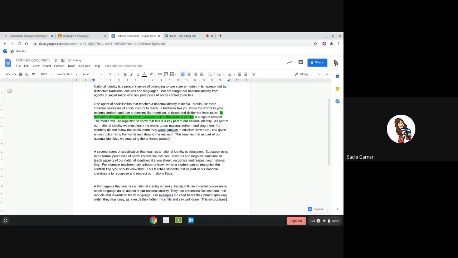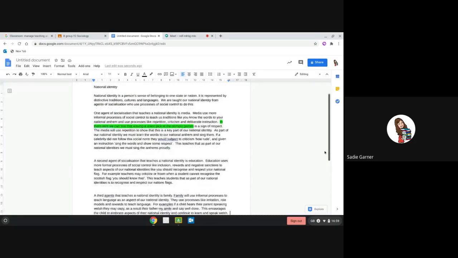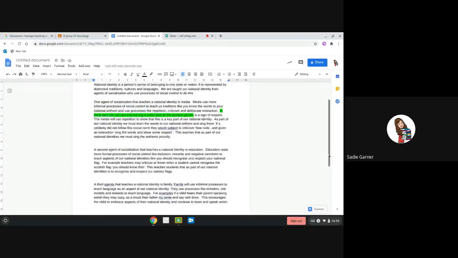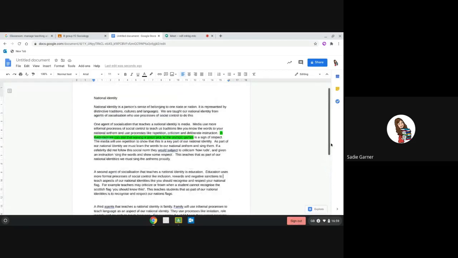This encourages the child to embrace aspects of their national identity and continue to learn and speak Welsh. I think I've done quite well on the United Kingdom there with Scottish, Wales and Britain. But yes, those are the aspects of a national identity: language, flags, and national anthems.